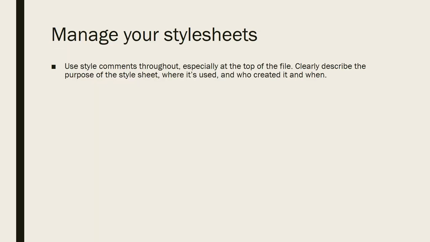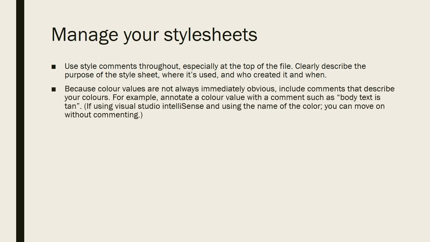The other thing that I wanted to mention here is managing your style sheet. So you should be writing clearly. You should write comments throughout on what style you are using, why you are using it, and who is creating it. The other thing, if you're using numbers for colors, try to annotate them.